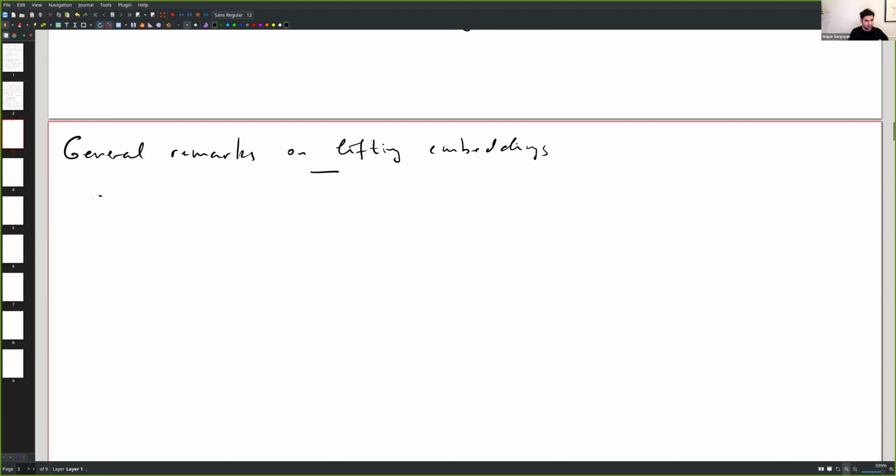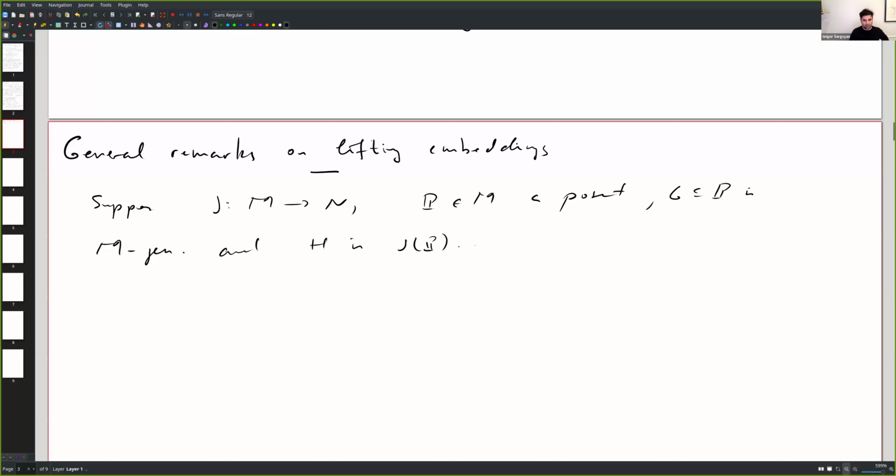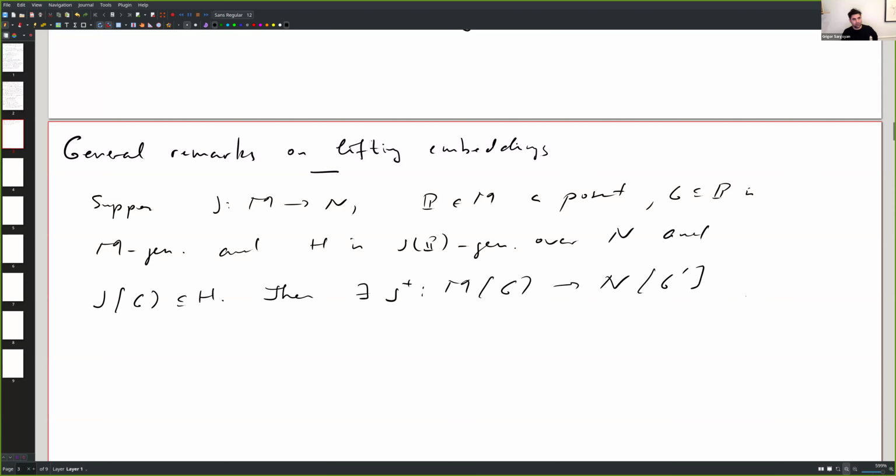Suppose j is from M to N, P is a poset in M, G is M-generic, H is j(P)-generic over N, and the pointwise image of G is contained in H. Then there exists j^+ from M[G] into N[H] such that, one, j^+ restricted to M is the same as j, and two, j^+(G) is H.